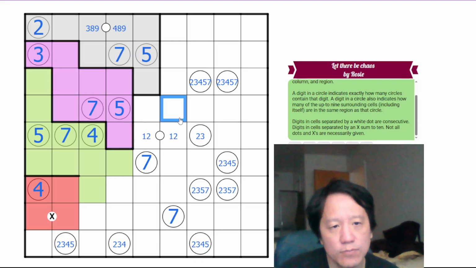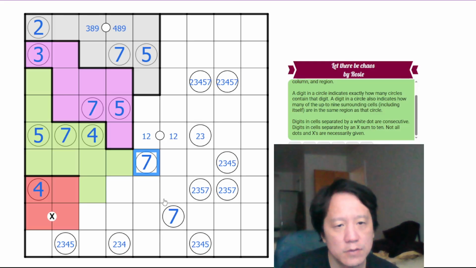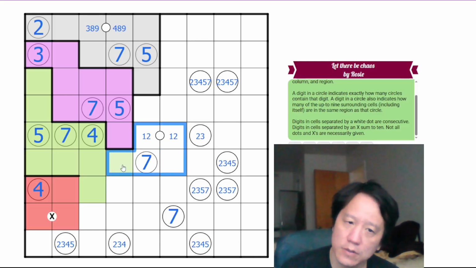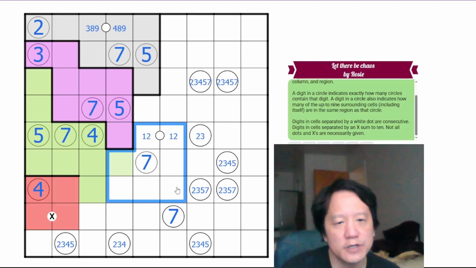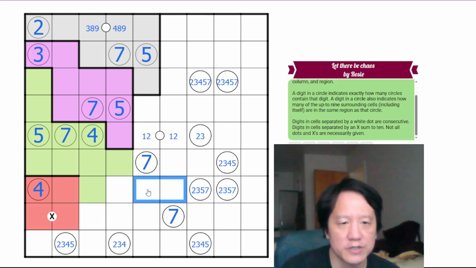Okay. This cell is 7. Okay. We don't have any guarantee here, though. Okay. This can't be 7, because then we'd have to have a similar scenario as this, right?